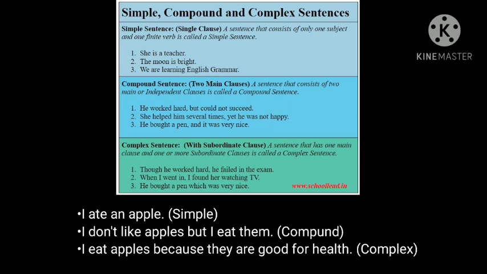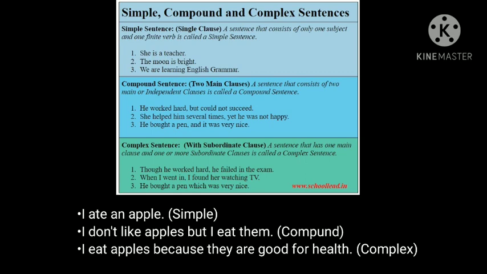Now, what is a compound sentence? A compound sentence is made up of two or more independent or main clauses which are joined together with coordinating conjunctions, that are for, and, nor, but, or, and yet.